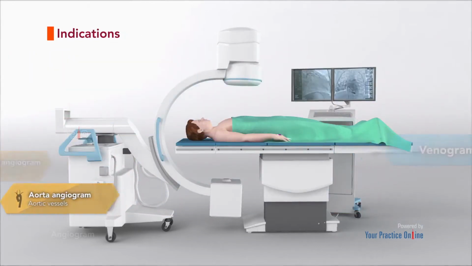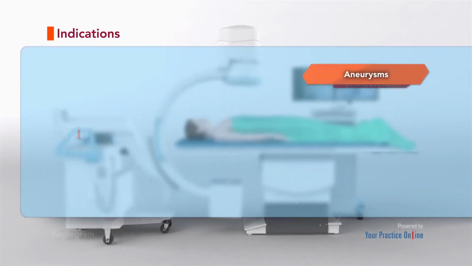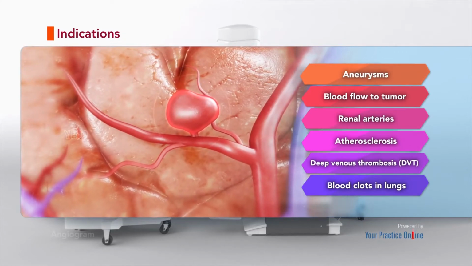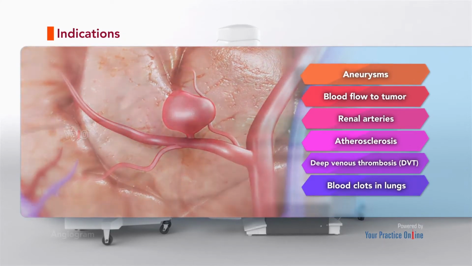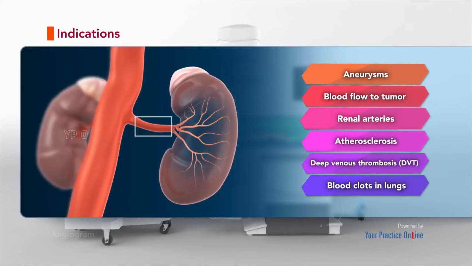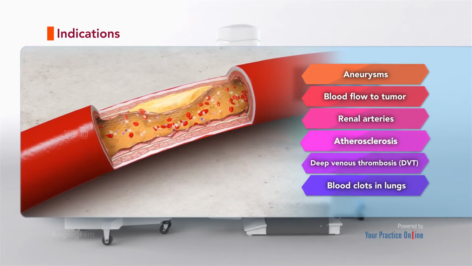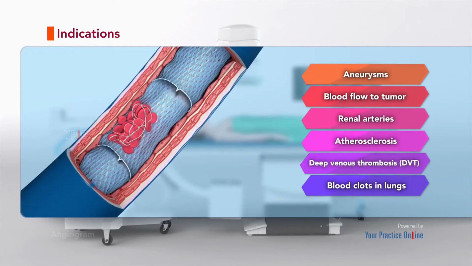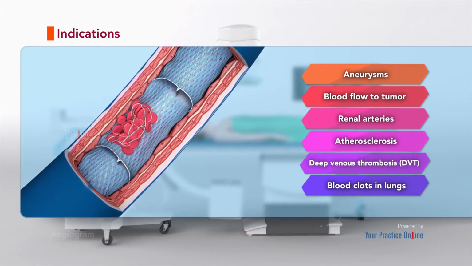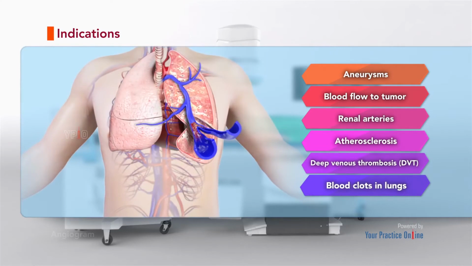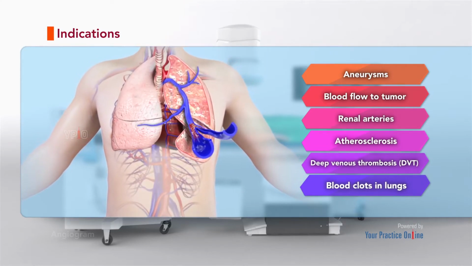Indications. An angiogram may be indicated for the diagnosis of aneurysms, bulging, weakened areas along an artery; blood flow pattern to a tumor; renal artery conditions; atherosclerosis, plaque buildup in arteries; deep vein thrombosis, DVT, blood clot in the leg; blood clots in lungs, pulmonary embolism.